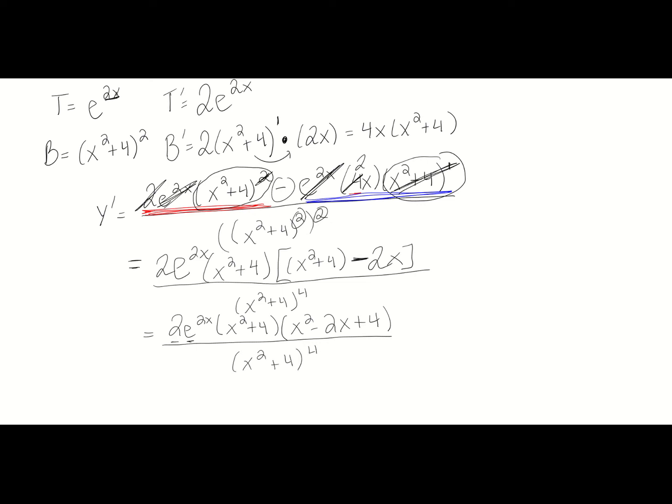These are all being multiplied together, which means that I can cancel, because everything is multiplied. I can cancel this one with one of these. And I'm left with 2e to the 2x, x squared minus 2x plus 4 over x squared plus 4 cubed. And here's my derivative.